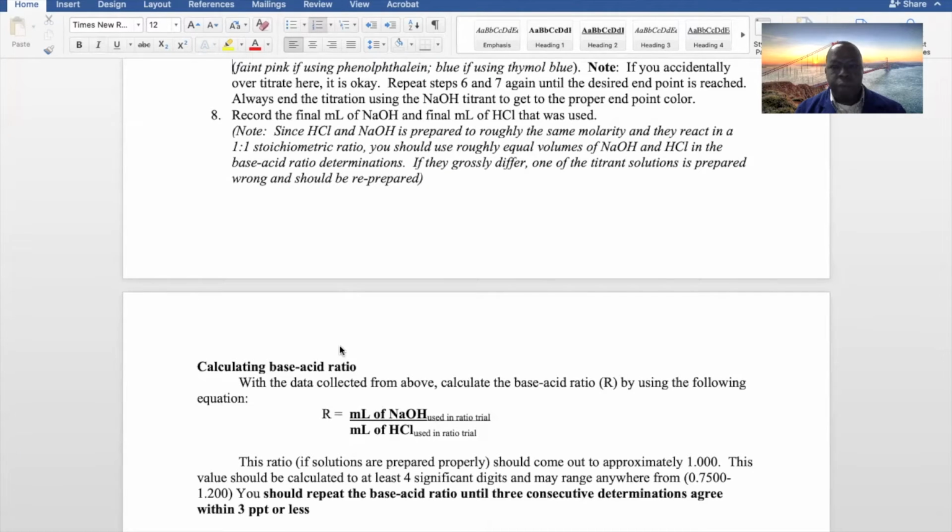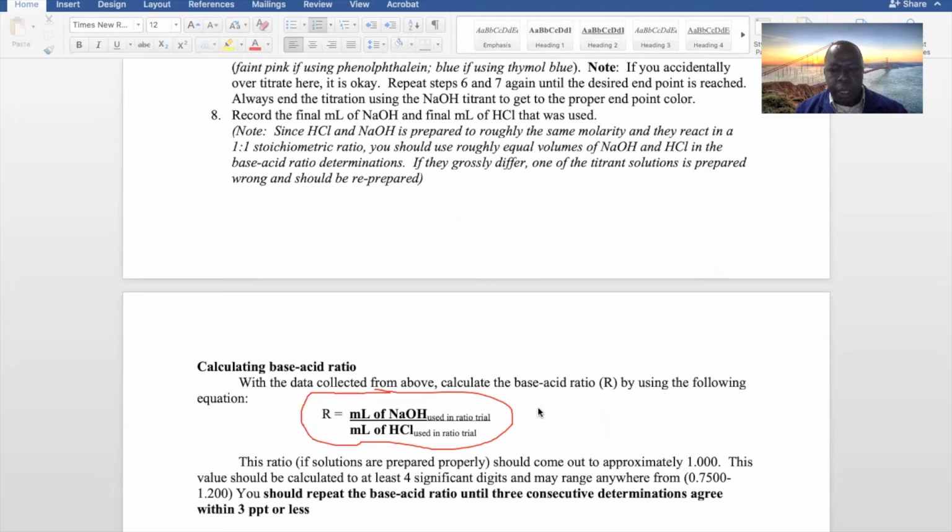This is the R value which you had to determine, and if you look at how the equation has been derived, it's the ratio of milliliters of NaOH to milliliters of HCl.